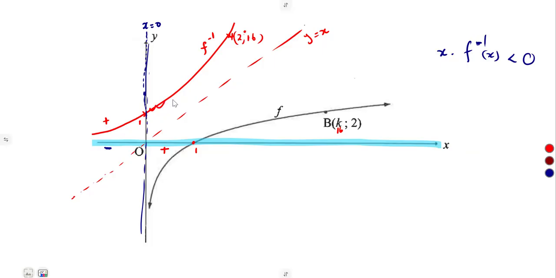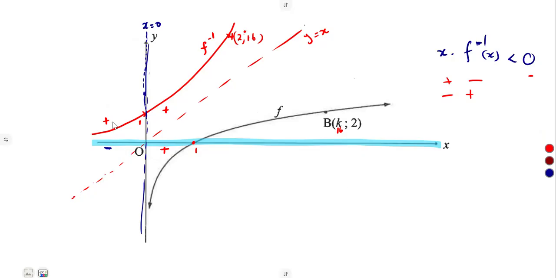Our graph of the inverse of f is still positive. It is still above the x-axis. So which condition is going to satisfy what we need here, where the product of the two is supposed to give us a negative? So it must be positive to negative, or negative to positive. So which one satisfies?